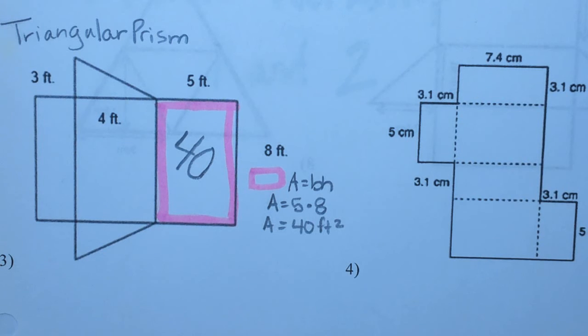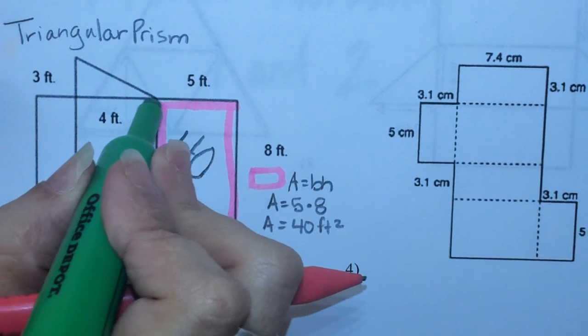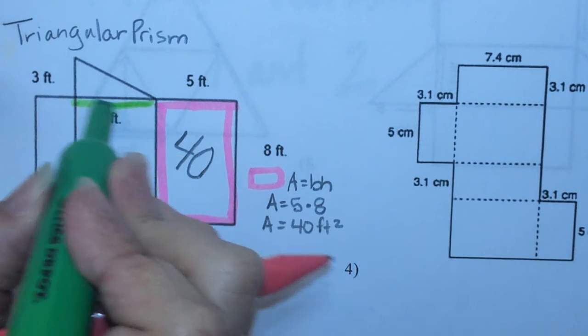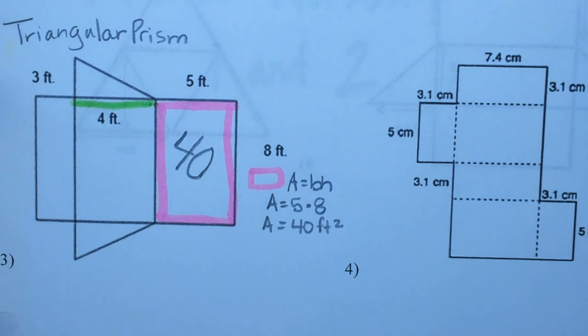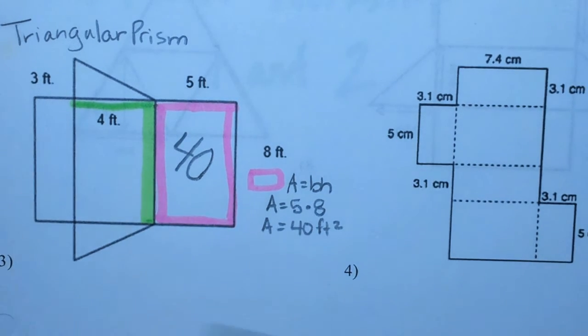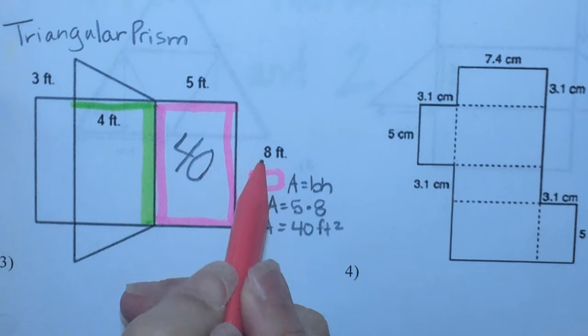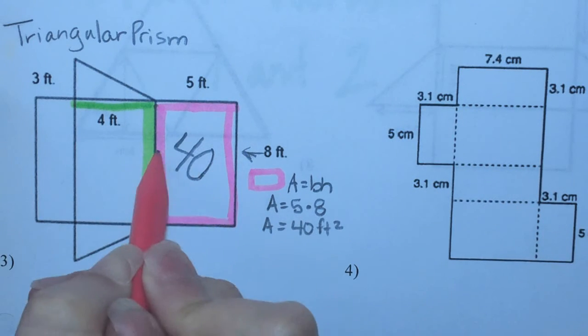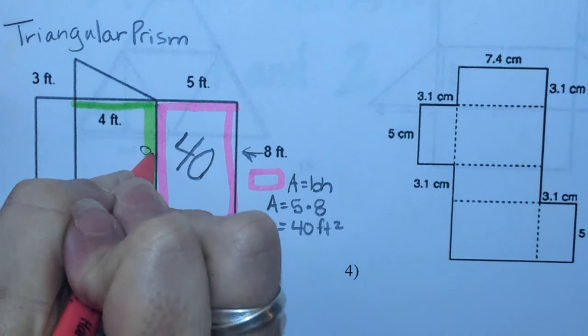Okay. Now, this is where we got to start moving numbers around. Looking at the next box. This wall, the green wall, is 4. But what is this wall? 8. The reason is that number's way over there, but it goes for all these walls, guys.